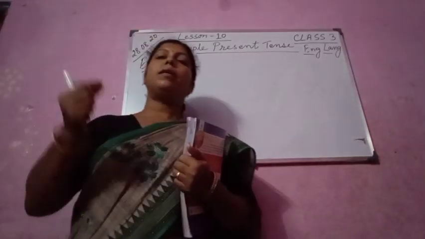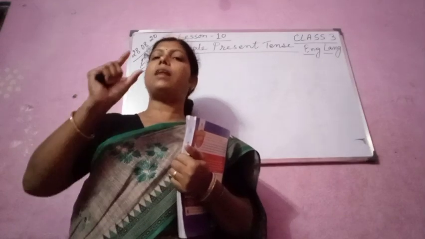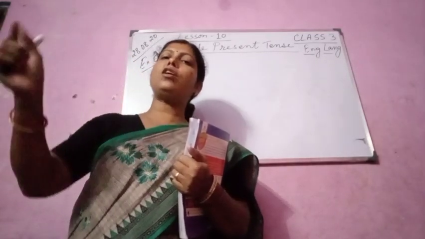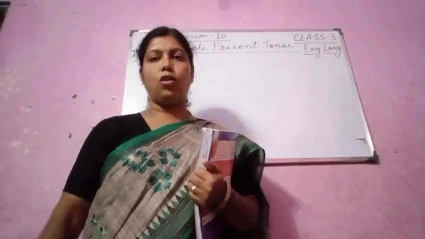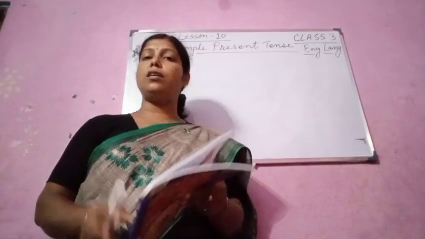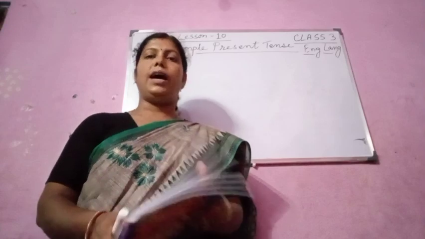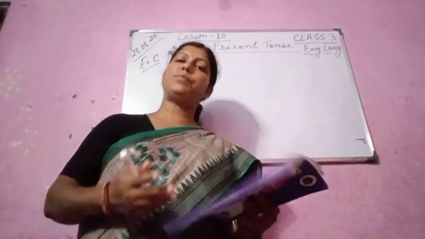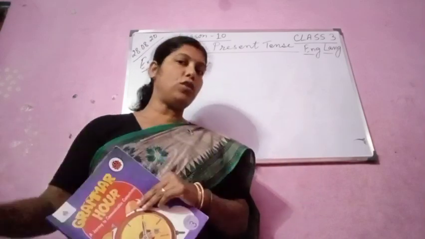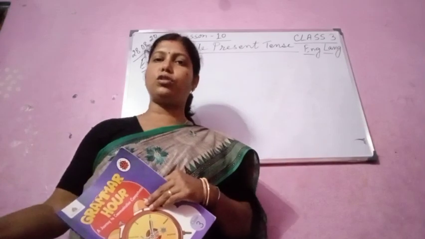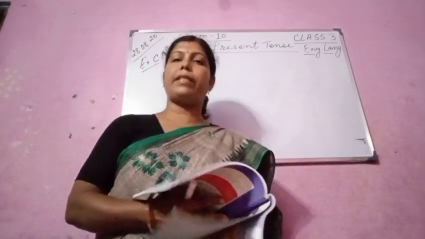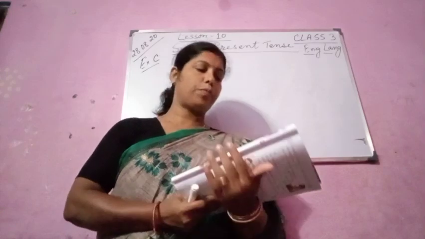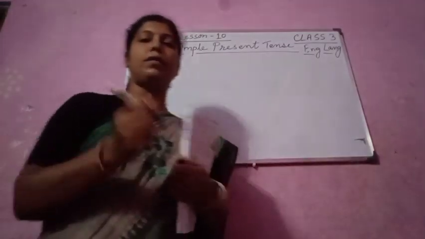So subject plus V1, that is the base form, plus S or ES with the base form plus rest of the sentence. Okay, so according to that we are going to do, and I taught you with first person what we will use, with second person what we will use, with third person what we will use. Okay, we will go through once. With every sentence I shall teach you. Okay, number one, let us write down.